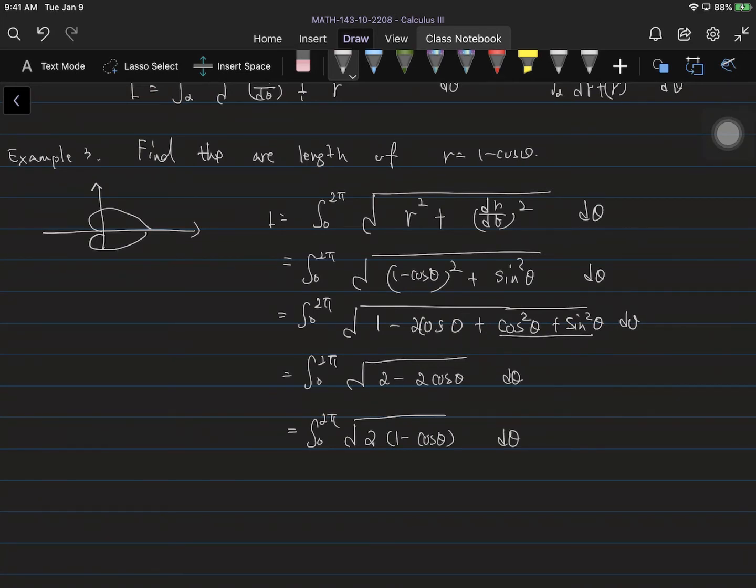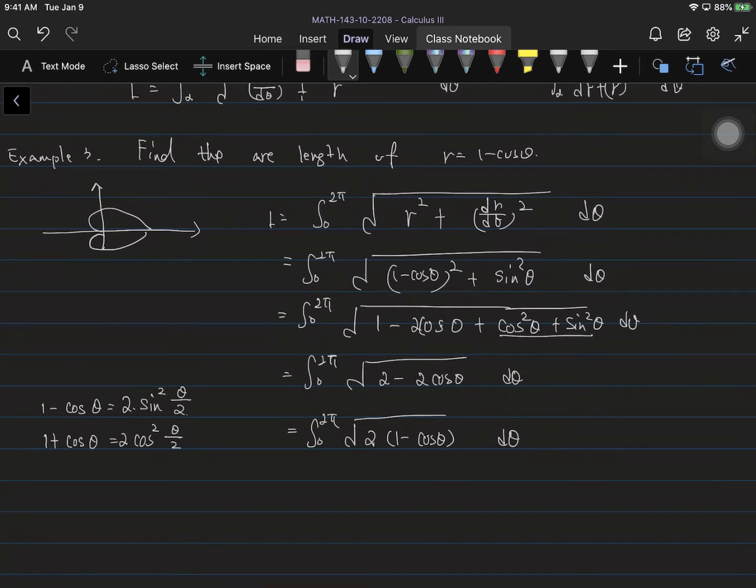Same thing, we want to use the double angle formula to take off the square root. With the square root, we cannot integrate this function. So we are going to use this: 1 minus cosine theta equals 2 sine squared (theta over 2). In the quiz, we had 2 cosine squared (theta over 2).